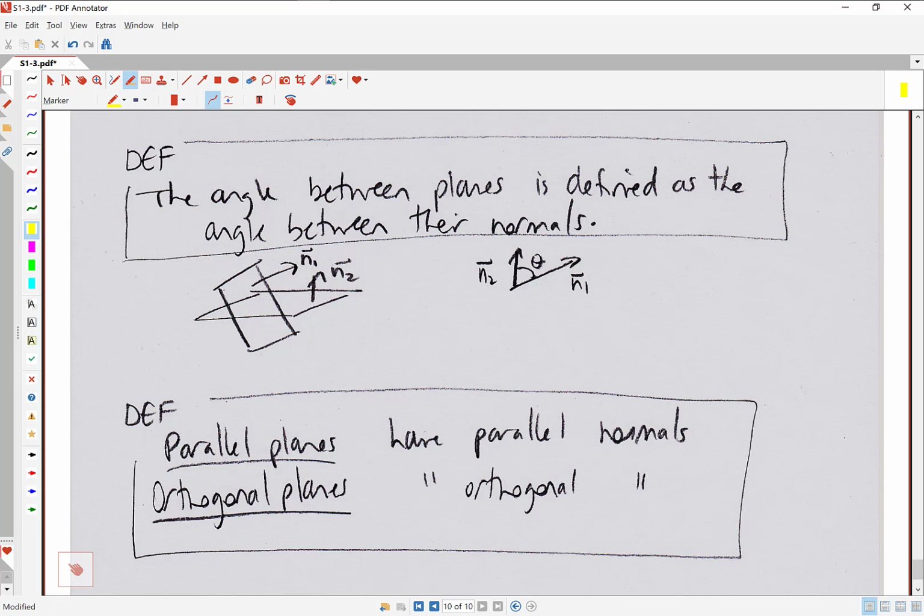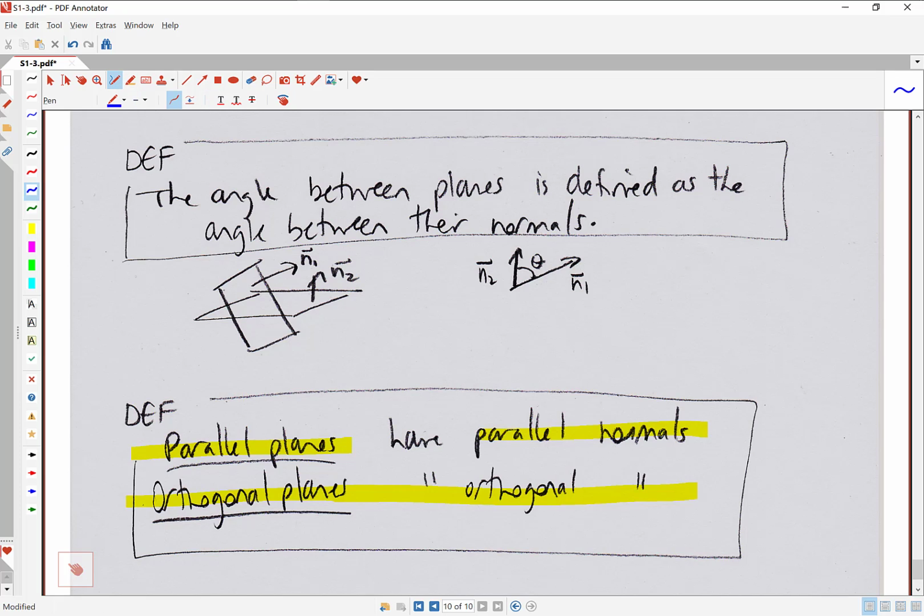So two planes are considered to be parallel planes if they have parallel normals, and two planes are considered to be orthogonal if their normals are orthogonal. So if someone gives you the equation of two planes and they want to say, are these parallel? Just figure out the normal vectors and figure out whether those vectors are multiples of one another.